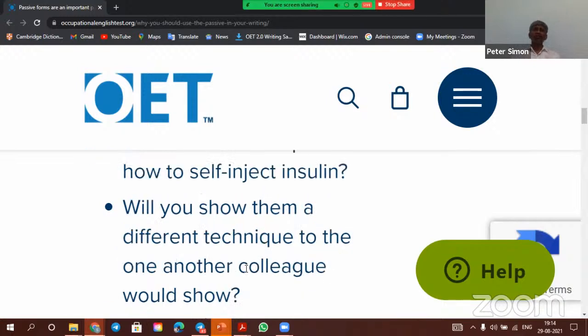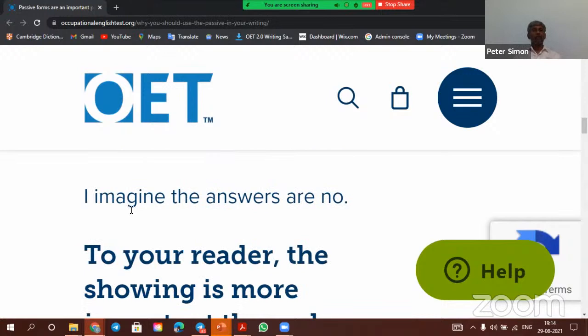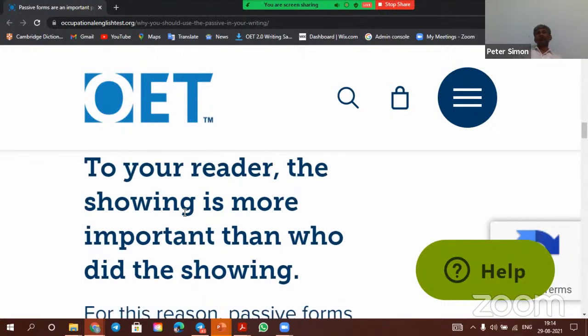Will you show them a different technique to the one another colleague would show? The next one. No. To your reader, the showing is more important than who did the showing. I recommended Mr. Knowles insulin injections.